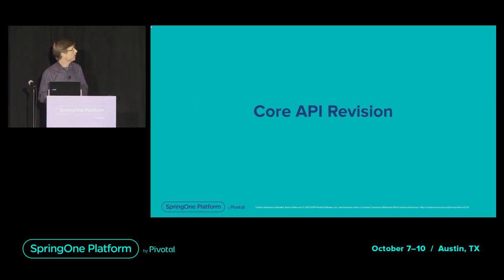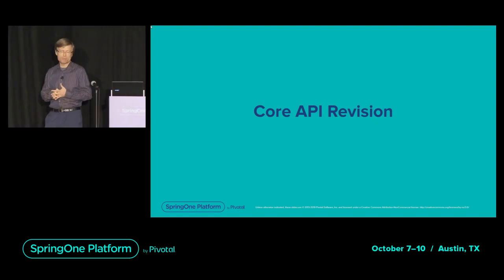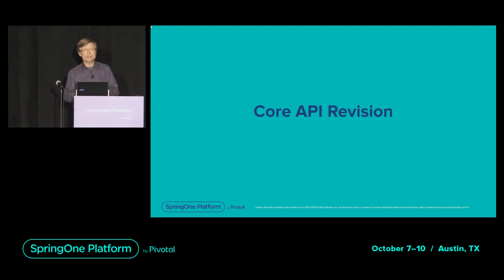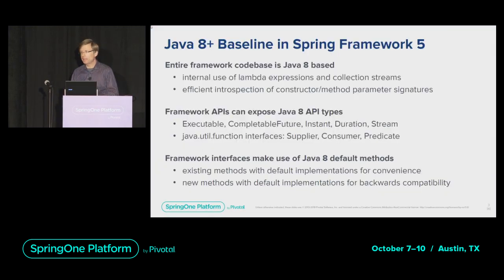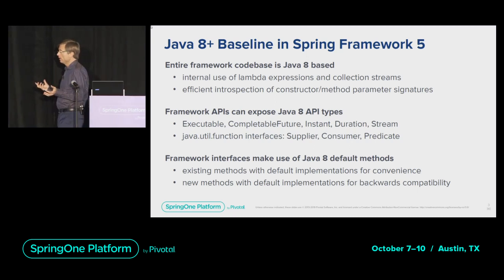The beginning that I have for you here is the initial section, about the core API revision that we've started with 5.0. This is basically an ongoing effort. We take the opportunity here of a baseline that we introduced in Spring Framework 5.0.